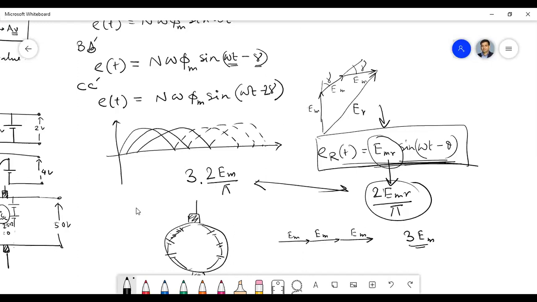So we can say that phasor addition or vector addition, because in electrical we call a phasor a vector also, is always less than the algebraic addition. And algebraic addition is possible only when all the phasors are in the same phase.